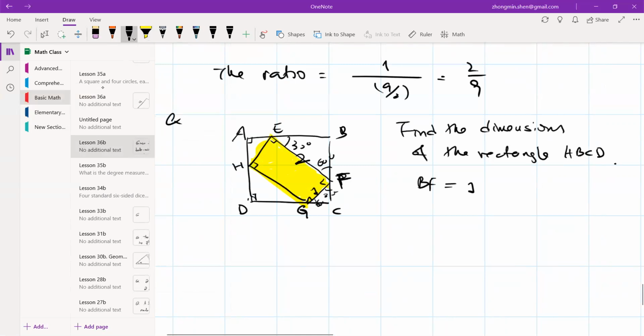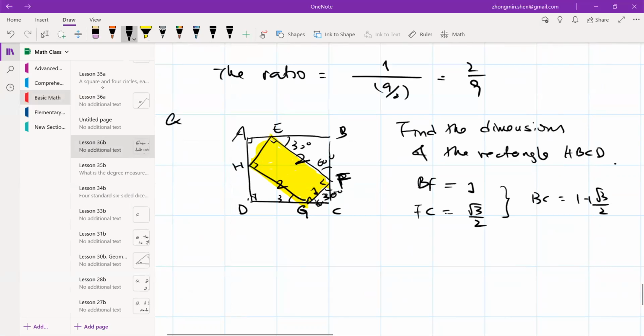So at this corner, FC is going to be square root 3 over 2, okay? Because it's 30 degrees. So then add them together: BC is going to be 1 plus square root 3 over 2.